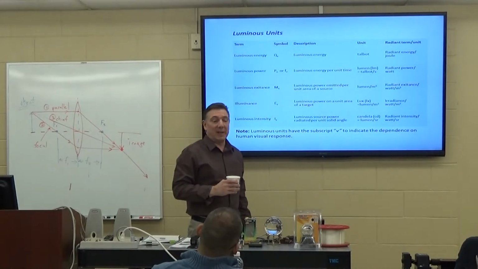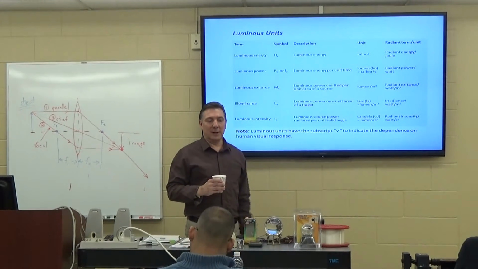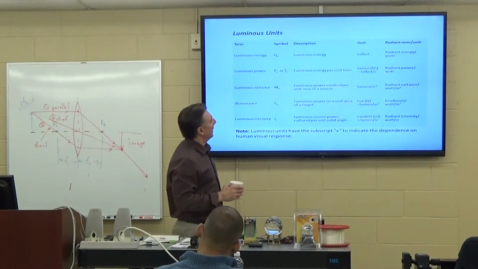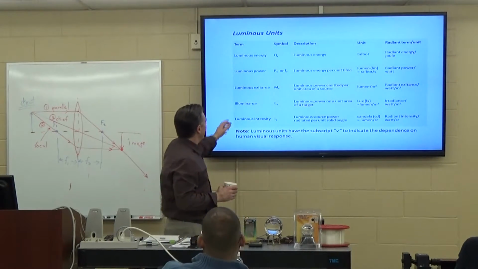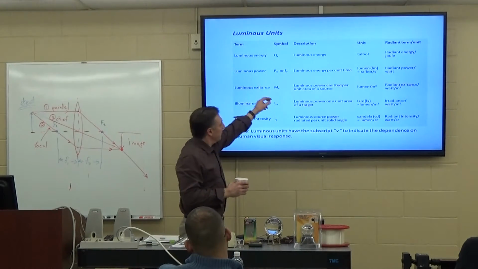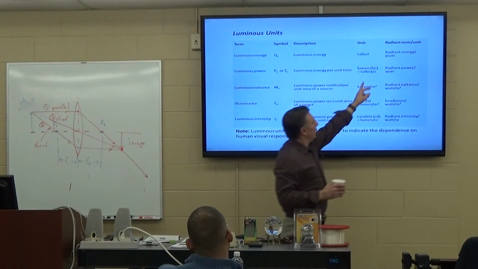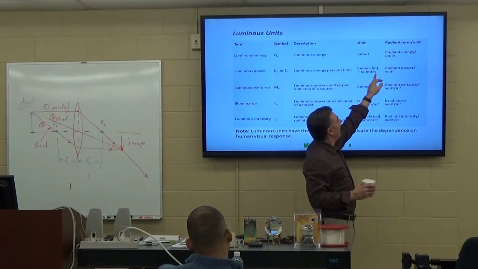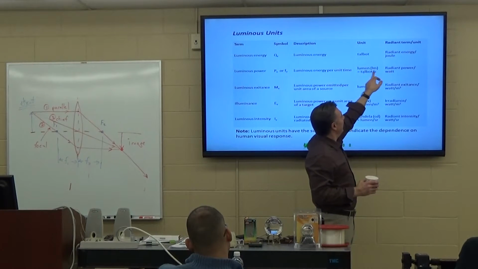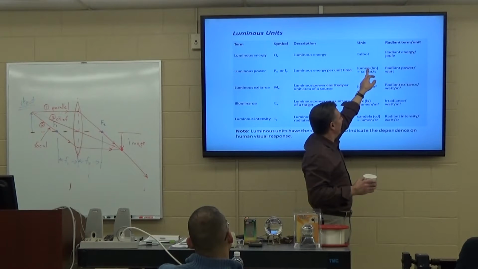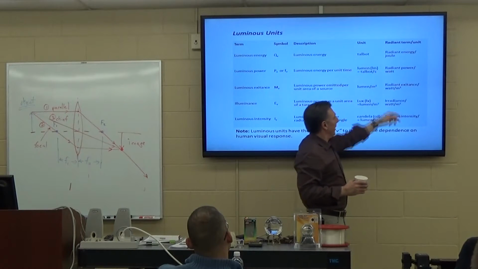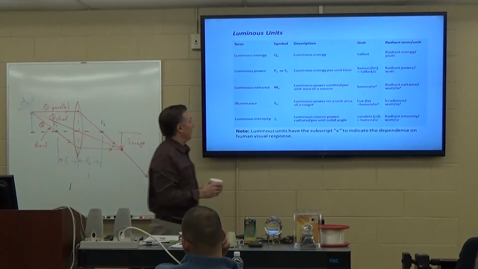You might see kilowatt or candela power, candelas, things like that. But it's basically radiant energy or joules. Luminous power, this is where the lumens come from. This is Talbots per second. So this is energy per unit time, regardless, which is what power stands for. But the luminous unit is the radiant power in watts, per watt.